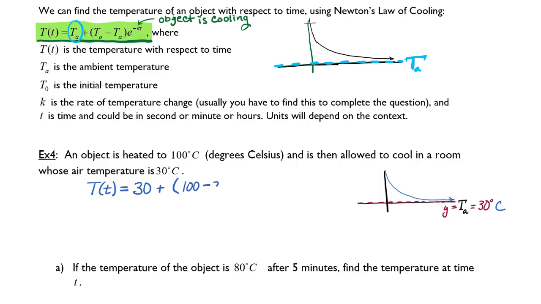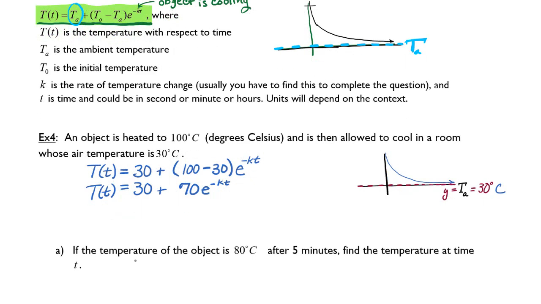If we subtract the ambient temperature, there is a difference between the two of 70 degrees. Then we multiply by E raised to the negative K times T. So this will equal 30 plus 70 E raised to the negative KT. This is the generic function for this situation.